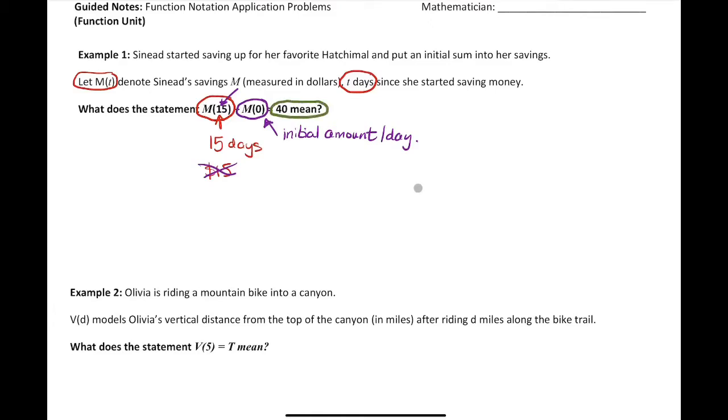Now this is the only number here that actually represents money. So that represents $40. So after 15 days, and you take away the initial sum, Sinead's got a profit.